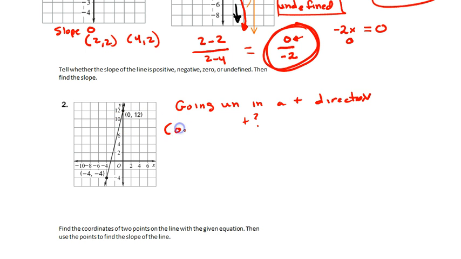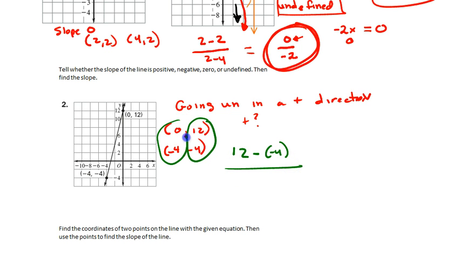We have point 0, 12, and we have point negative 4, negative 4. Alright? So now if I take my y coordinates and find the difference, I get 12 minus a negative 4. If I take my x coordinates and subtract them, I get 0 minus a negative 4.